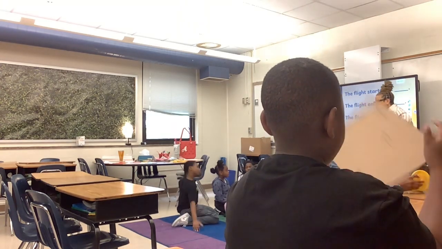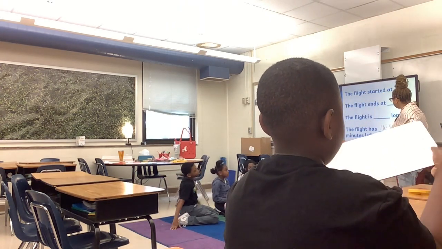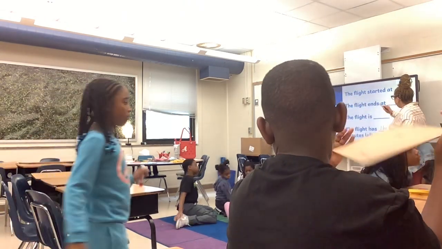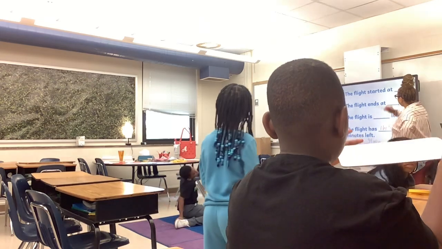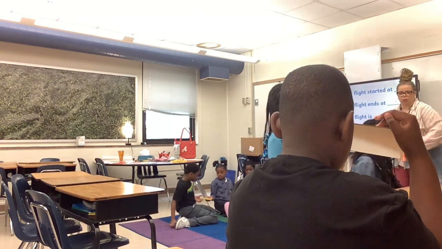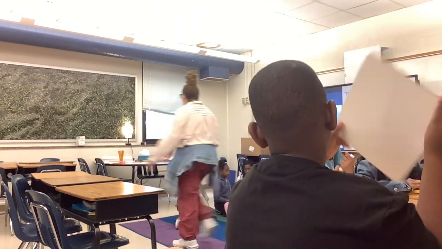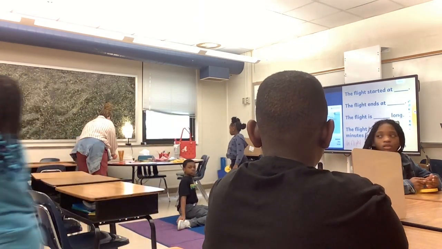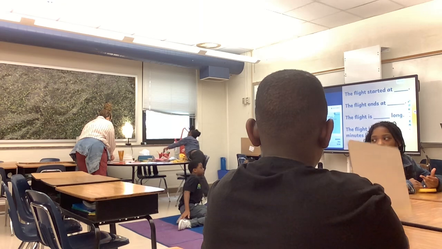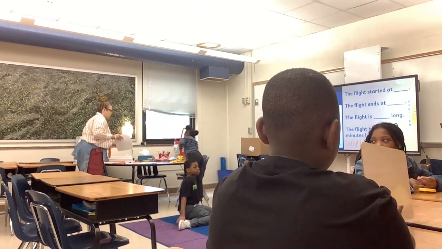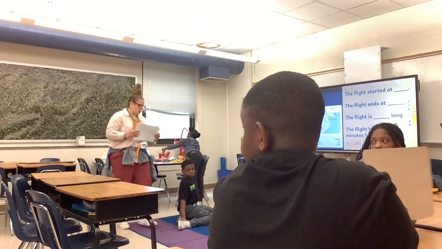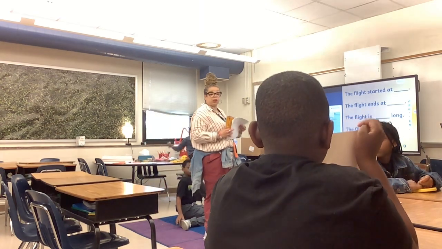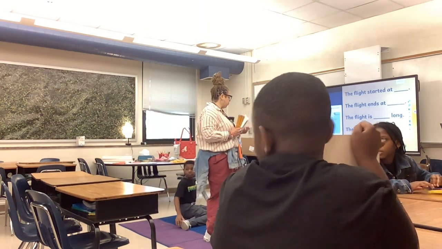So, working with the people in your group, you all are going to tell me what the total time is. That's how long the flight is, what time the flight started, and what time the flight ended. Now, I am also coming around to bring each group a number line and some pencils so that you all can chart it out.